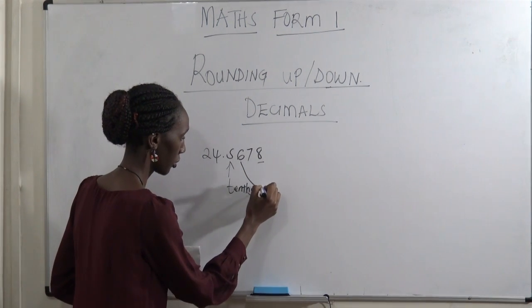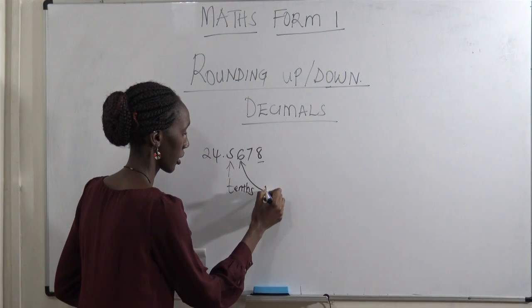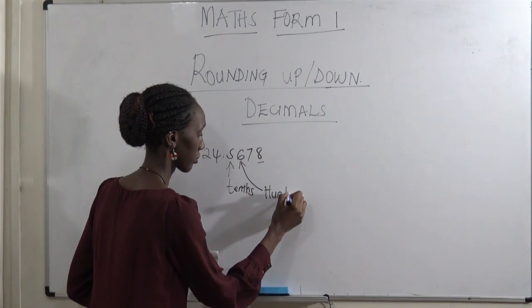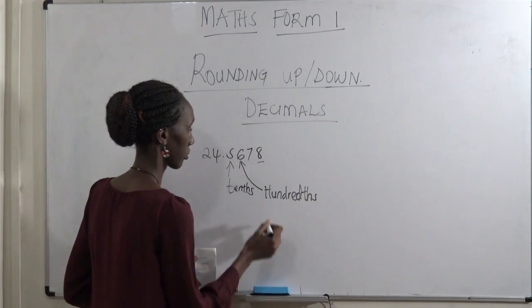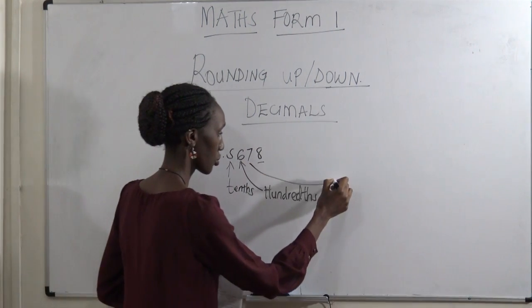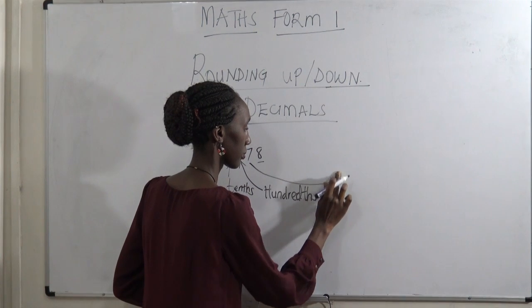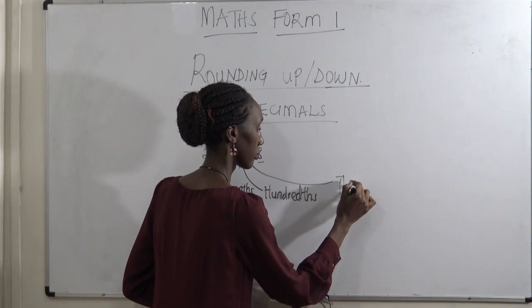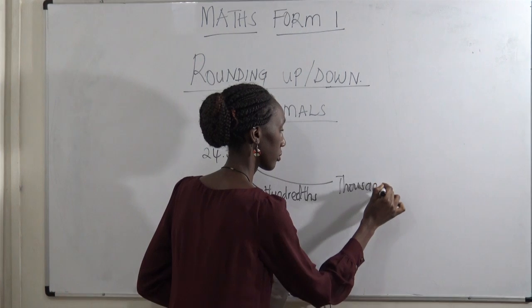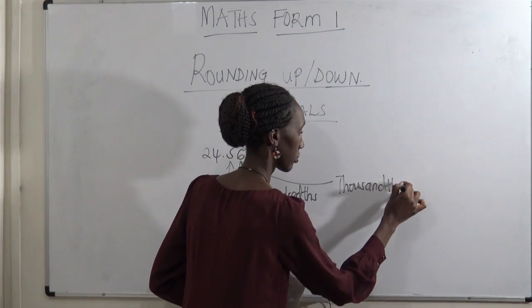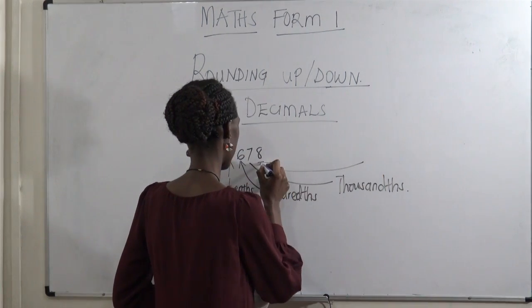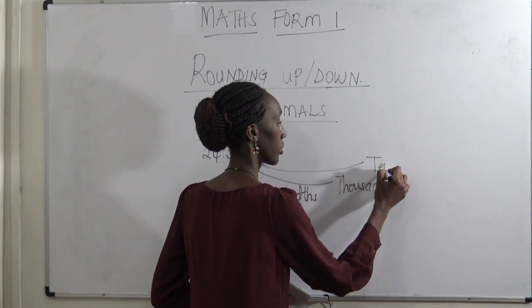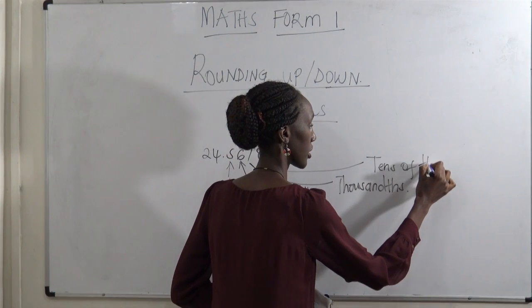Then you move to hundredths. From hundredths, you go to thousandths. And finally, you have ten-thousandths.